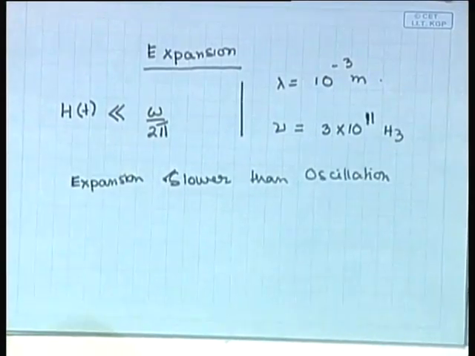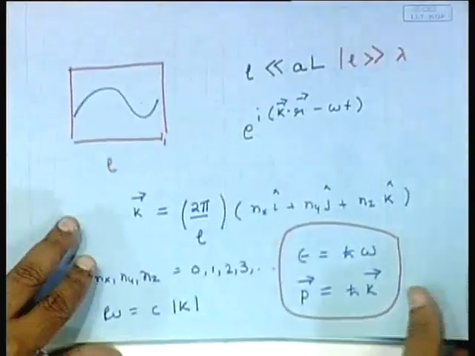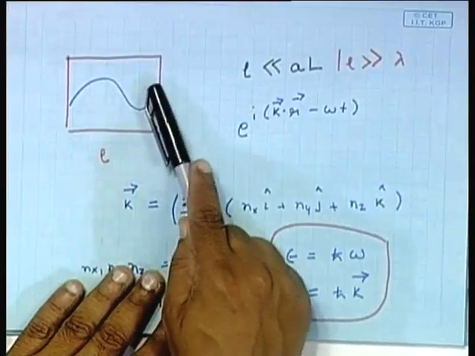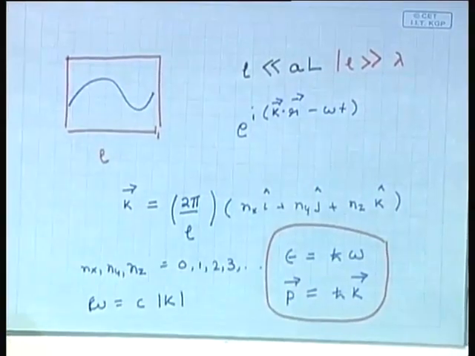So, under this slow expansion, if the expansion is extremely slow, what we can say is that the photons that are there in these excitations, these photons will not change, the number of photons will not change. Okay. What is going to happen is that just the wavelength of each photon is going to get changed. Okay. That is the basic consequence.